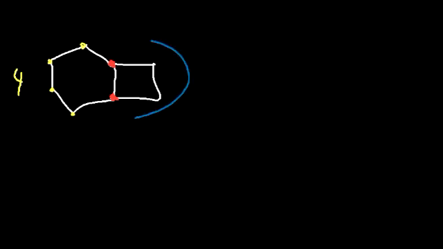So what if we have a bicyclic compound that looks like this? How would you name it? So here are the bridgehead carbons. They are the tertiary carbons. And notice that on the left side, we have 1, 2, 3, 4 carbon atoms. And on the right side, we have 1, 2, so 2 carbon atoms.